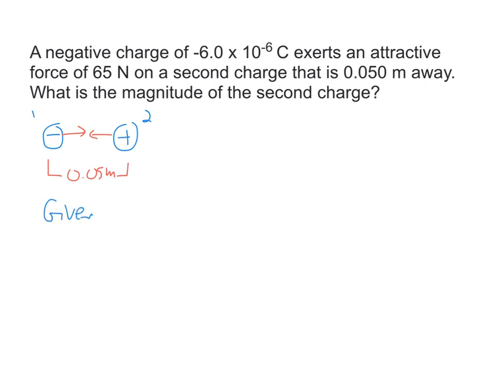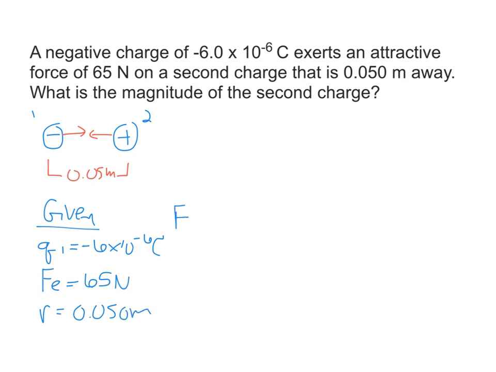Our given information, Q1 is negative 6 times 10 to the negative 6 coulombs. The electric force is 65 newtons, and the distance is 0.050 meters. And we are looking for Q2. So Fe equals K Q1 Q2 over R squared.